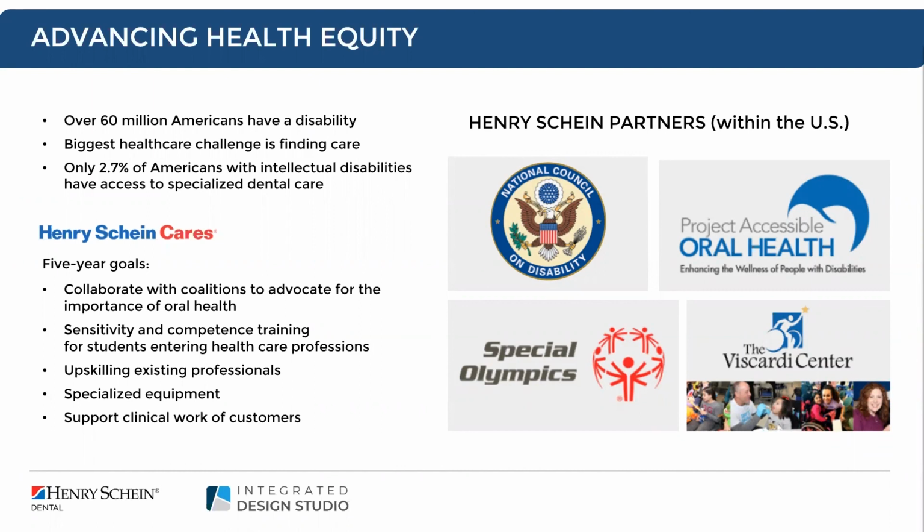For almost 2 years, Henry Schein has been formally partnered with the National Council on Disability to better educate medical and dental professionals on providing care to individuals with disabilities.